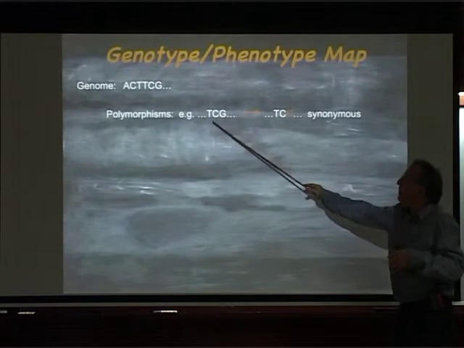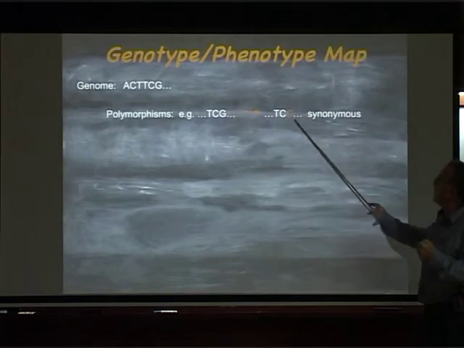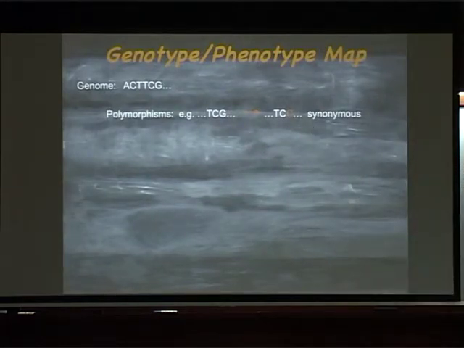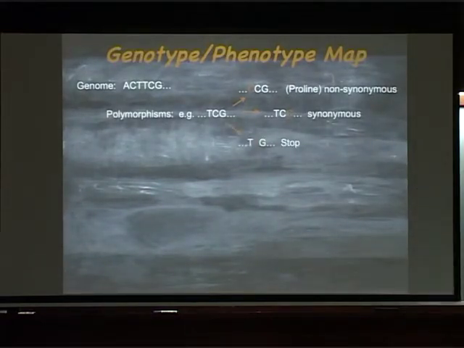So if this happened to be a codon, right, so a 3 base sequence coding for an amino acid, and this last G is changed to a C, actually this particular example doesn't change the amino acid. It's still the same serine, so we call it synonymous. But if it's the first letter that is changed, it basically always changes the amino acid, and we call that non-synonymous. Then there can be particularly insidious mutations.